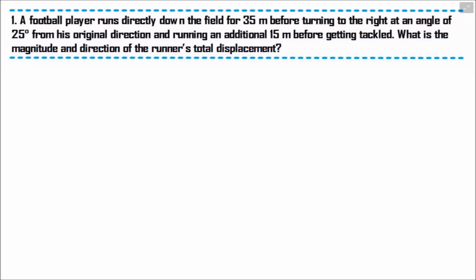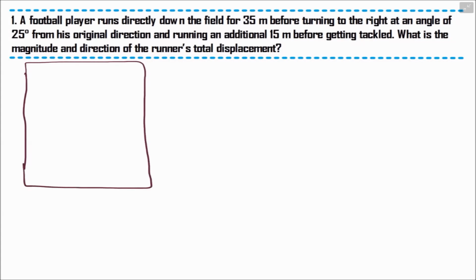Hello, welcome everyone. In this question, it says a football player runs directly down the field for 35 meters before turning to the right at an angle of 25 degrees from his original direction and running an additional 15 meters before getting tackled. What is the magnitude and direction of the runner's total displacement? So in this question, let's draw a football field.